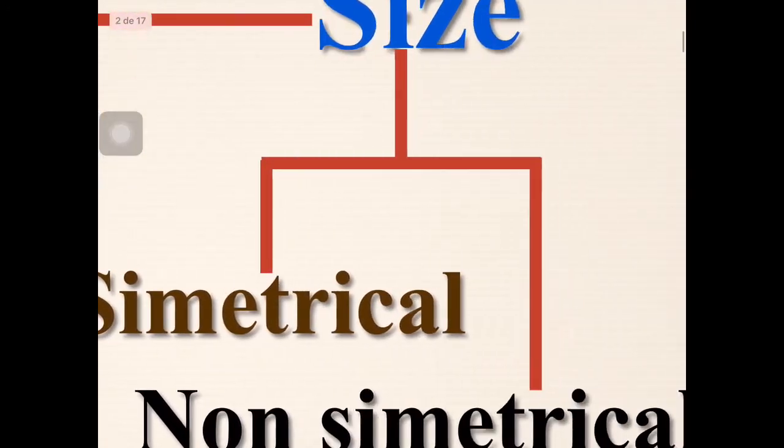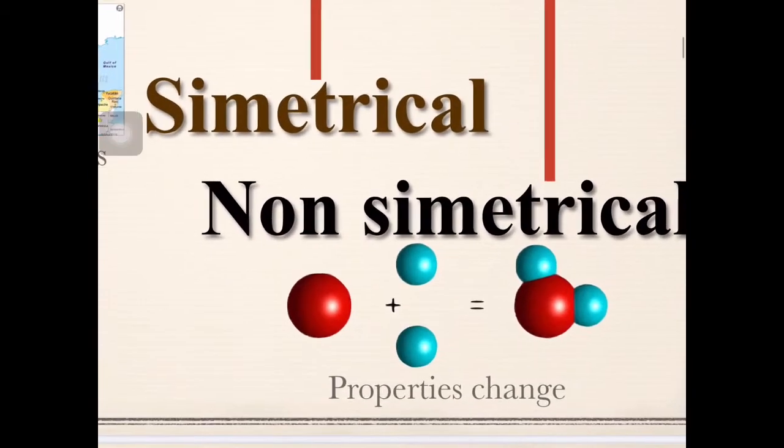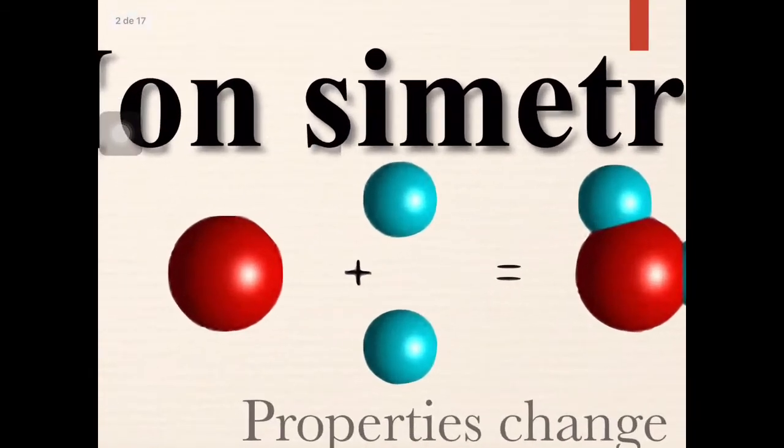However, there is this type of scaling that is non-symmetrical. I don't want to call it asymmetrical, but it is certainly not symmetrical. And in this type of changing scales, properties are going to change, and this is what is very important. So over here you have a nice example, right?